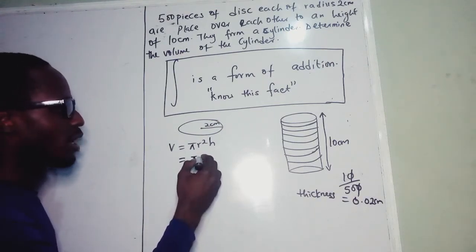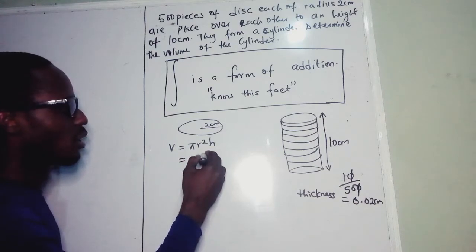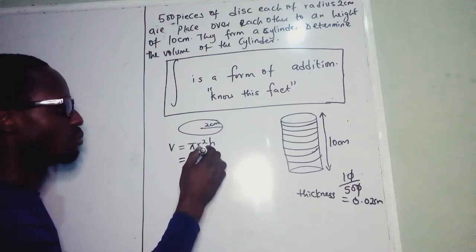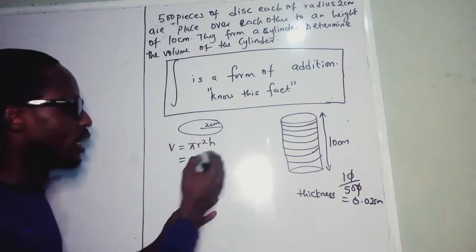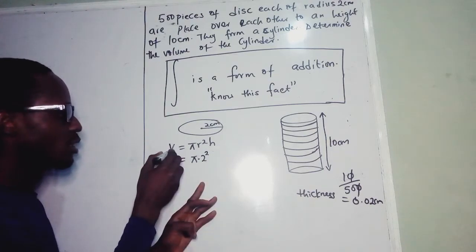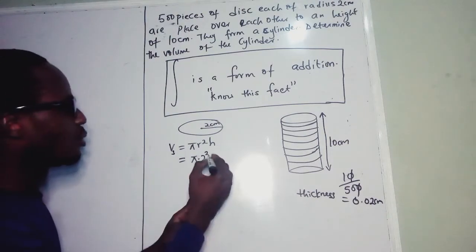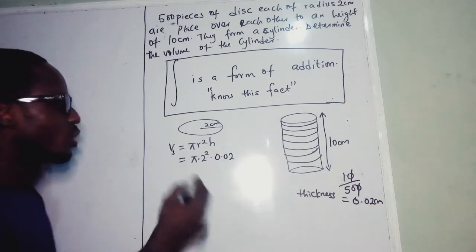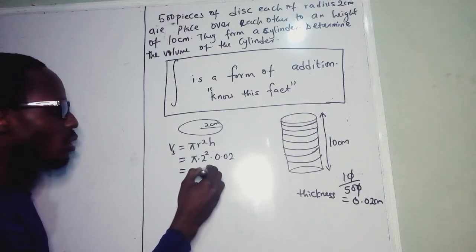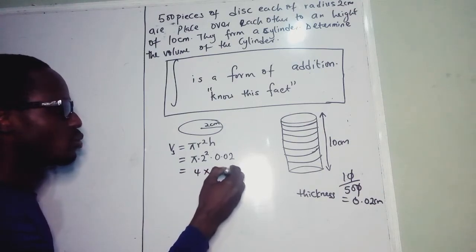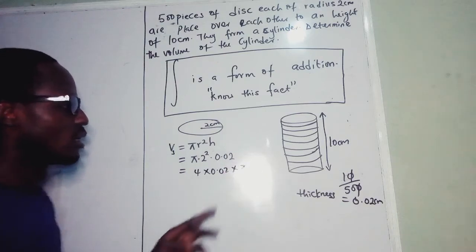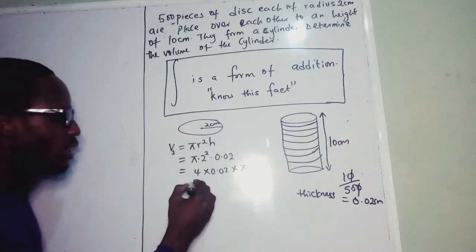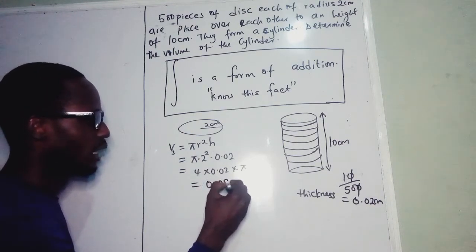So I have pi times 2 raised to power 2, times the height of each small disc, 0.02. This is 4 times 0.02 times pi, which is 0.08 pi.